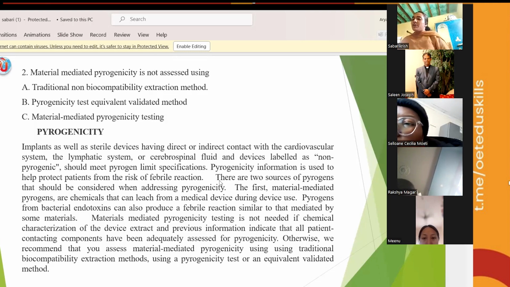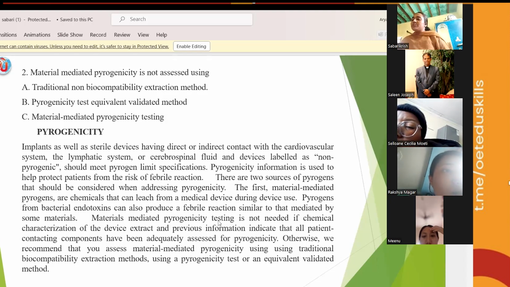There are two sources of pyrogens that should be considered when addressing pyrogenicity. The first, material mediated pyrogens, are chemicals that can leach from a medical device during device use. Pyrogens from bacterial endotoxins can also produce a febrile reaction similar to that mediated by some materials.